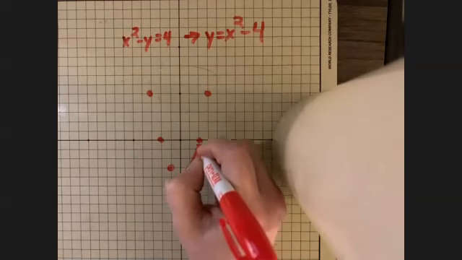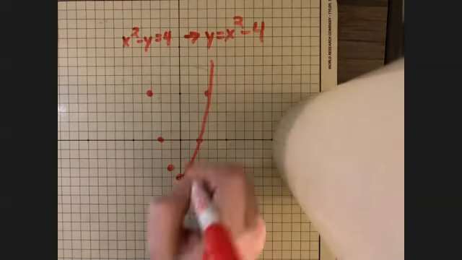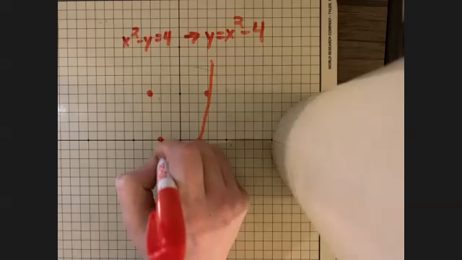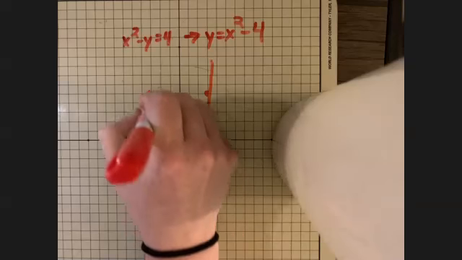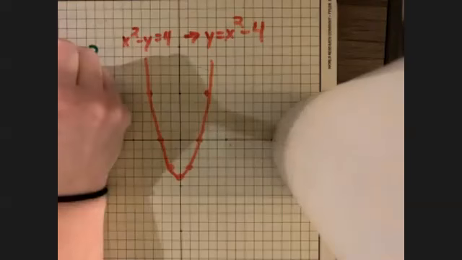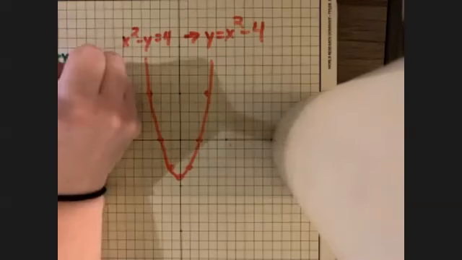And then our second one, which was x plus y equals negative 2, would have been y equals negative x minus 2.